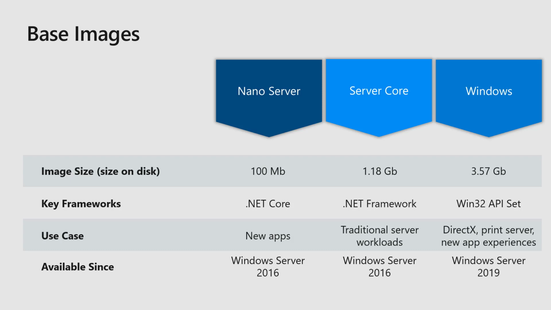Then we also have Server Core, which is designed for your traditional server workloads, and it includes the large .NET Framework. That is also why the image is larger. Now, if you have applications which need more Win32 APIs, such as DirectX or Print Server, then we also have a Windows image, which is even larger, but again, offers more compatibility for your application.